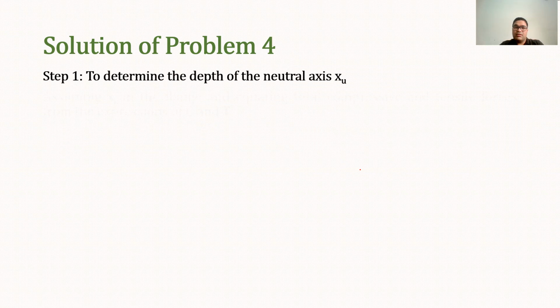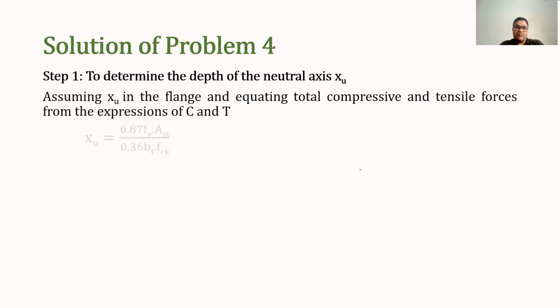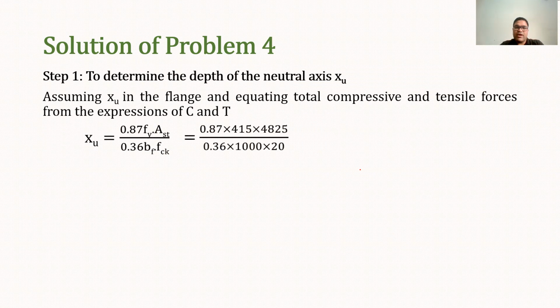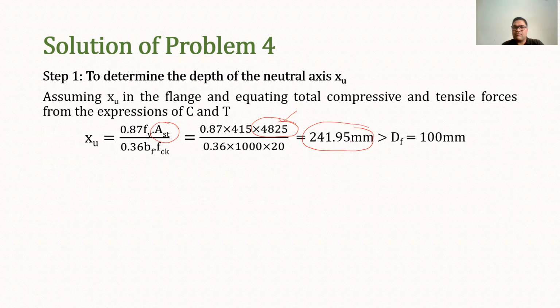by assuming that the neutral axis is in the flange, and by comparing C and T, we get the value of XU. This time, as you can see, the AST value is changed, which is 4825. Because of this change, this time the XU is 241.95, which is greater than the DF value.